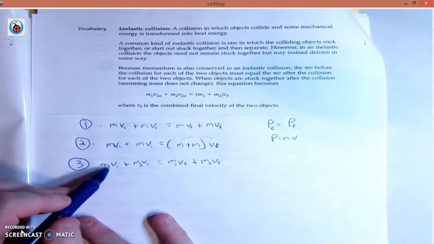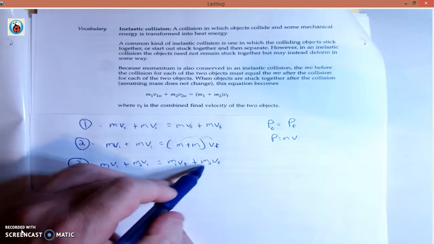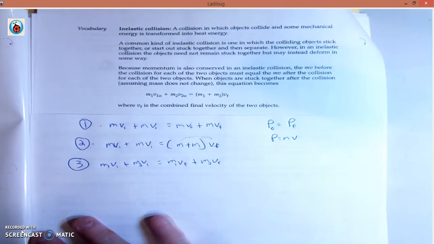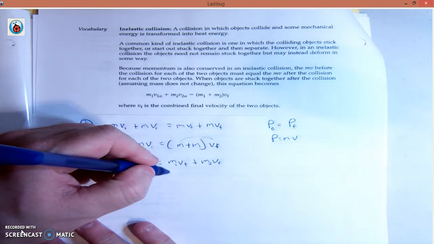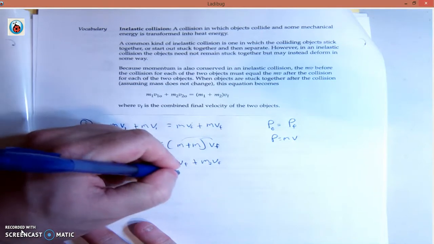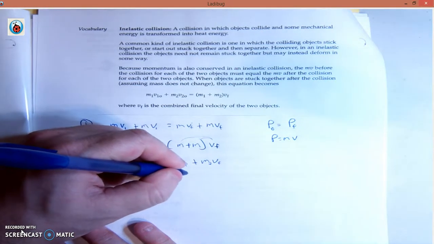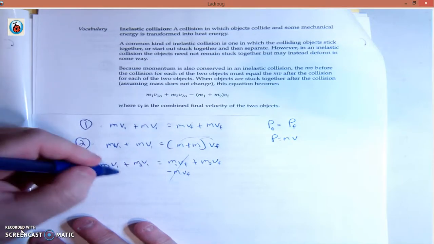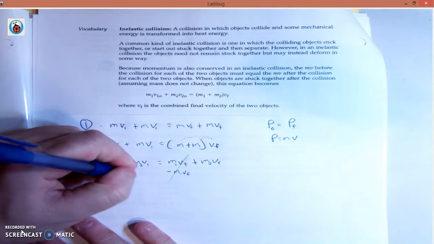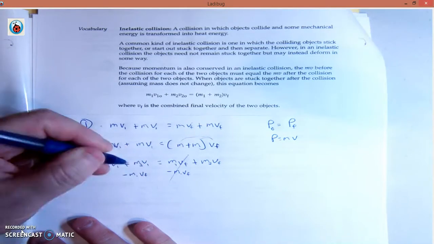So that's all this means. Now let's do the algebra, right? What we can do is subtract this over, minus the mass of the first object times the final velocity, which cancels this. So now we have this.